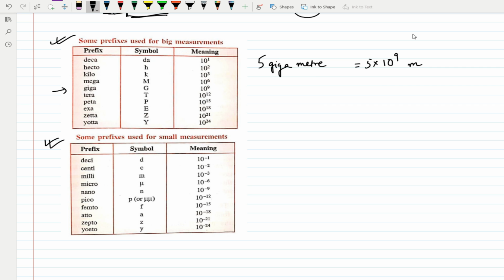Similarly, for small measurements, suppose you have picometer. From the table you can see pico is 10 to the minus 12, so this is actually 10 to the minus 12 meters. So if you are given 75 picometer and want to convert it into meters, it will be 75 into 10 to the power minus 12 meters. Okay, so you will have to remember the values given in these tables.